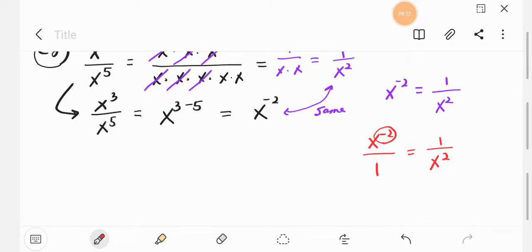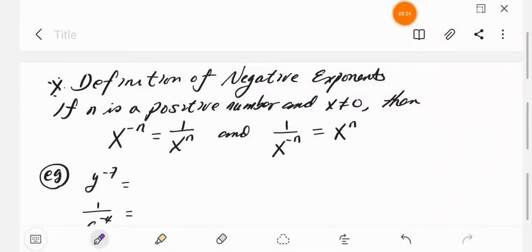Okay, let's try some examples. Here is the definition of a negative exponent. If the exponent n is a positive number, actually it doesn't matter, and the base is not equal to 0, this is important, then we have this formula. x to the negative nth power, the exponent is negative, then move x to the nth power to the bottom, to the denominator, then negative n becomes positive n.